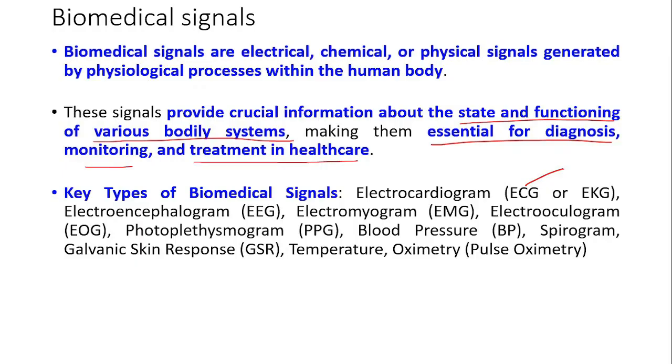We have two atria and two ventricles. Initially the atria contract, then the ventricles contract, and since they work in a synchronized way, the signals follow a proper pattern.